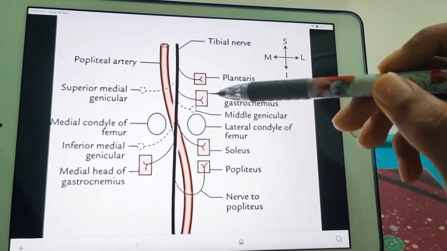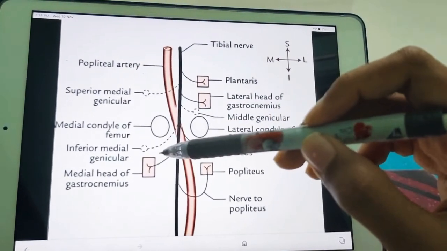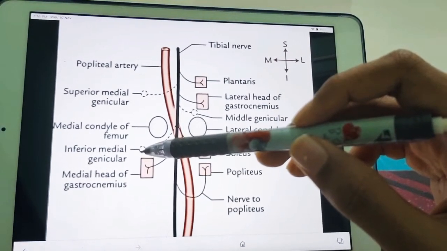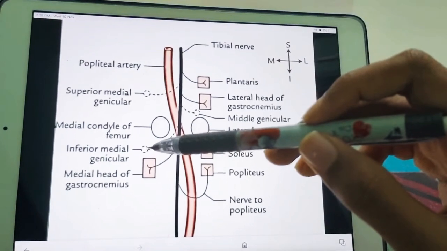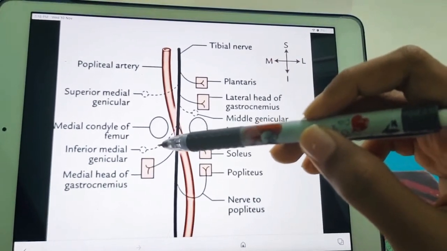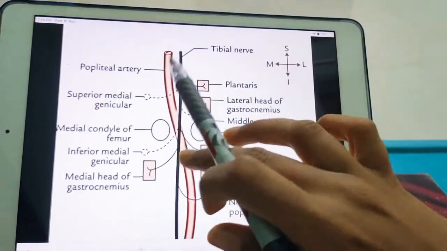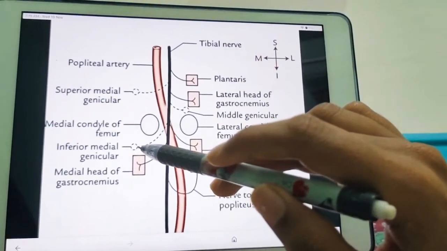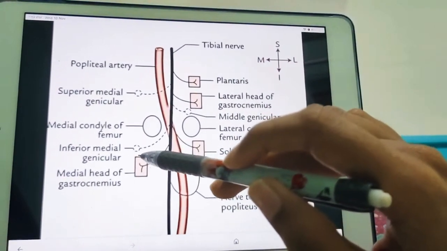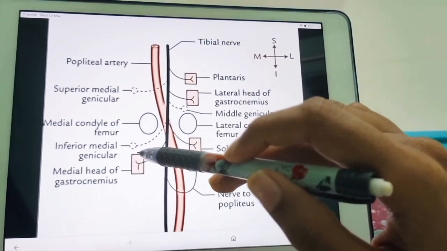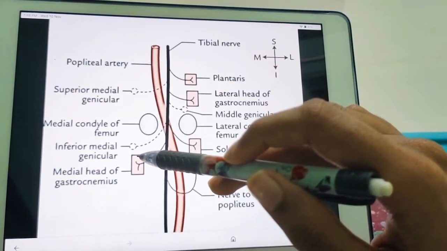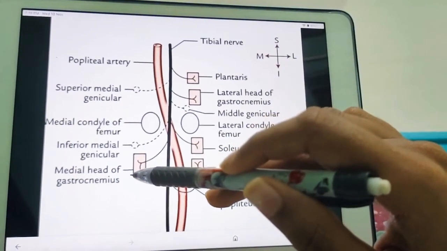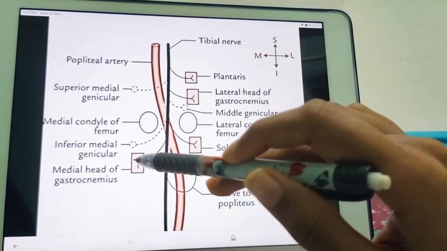Next, coming to the inferior medial genicular. The inferior medial genicular lies along the upper border of popliteus and reaches inferior to the medial condyle of tibia. Okay, so the inferior medial genicular nerve lies along the upper border of popliteus and reaches inferior to the medial condyle of the tibia.